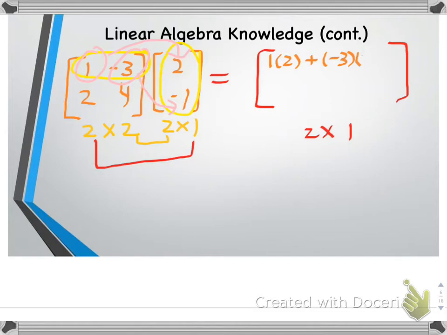Actually, I should erase all that. Hold on, because I don't want it to be distracting. Okay, so it's going to be 1 times 2 plus -3 times -1. And then the same here, for this second row, we're going to multiply it again by this first column, and this entry is the second row, first column, right?